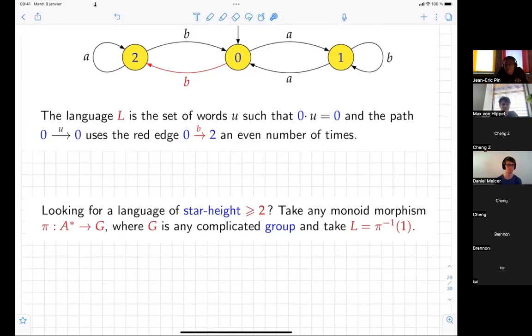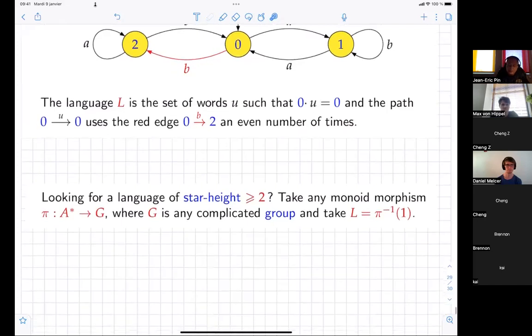So this is in the direction of finding languages of high star height. On the other hand, if you think that every language has star height 1, you may consider looking at things like this.